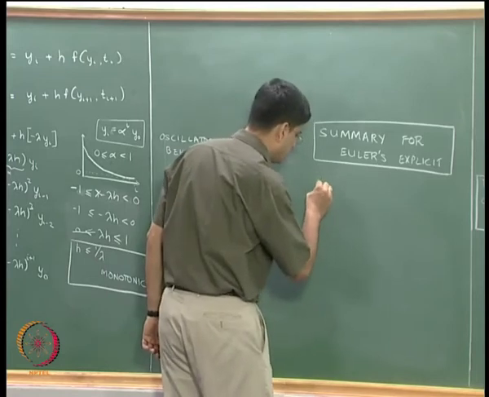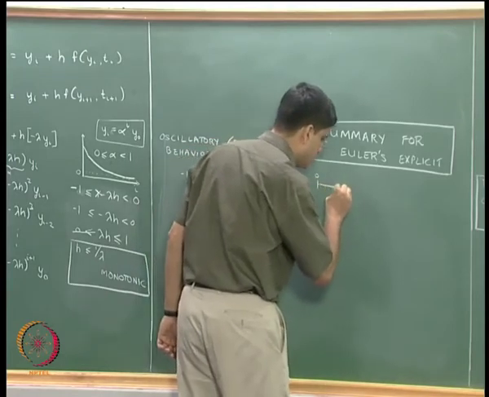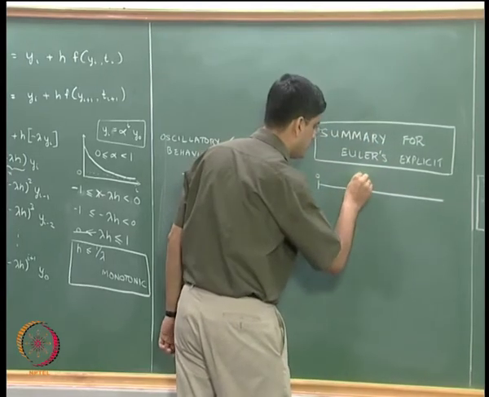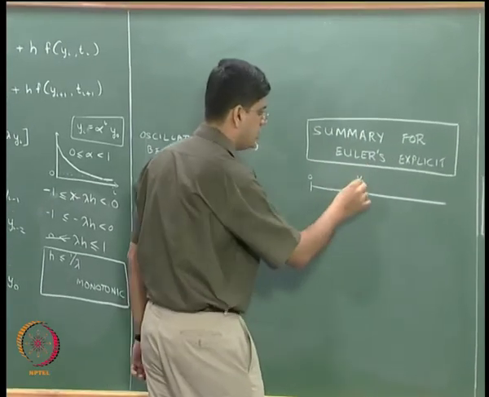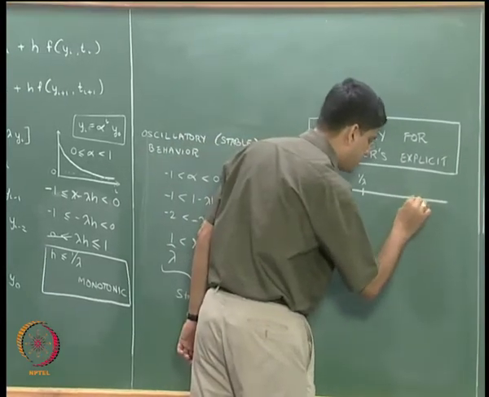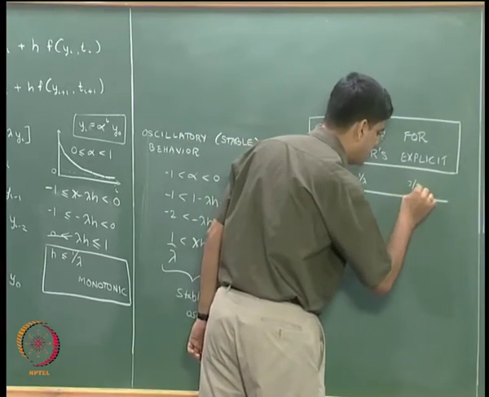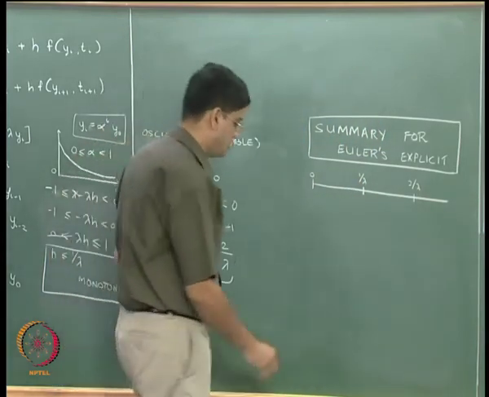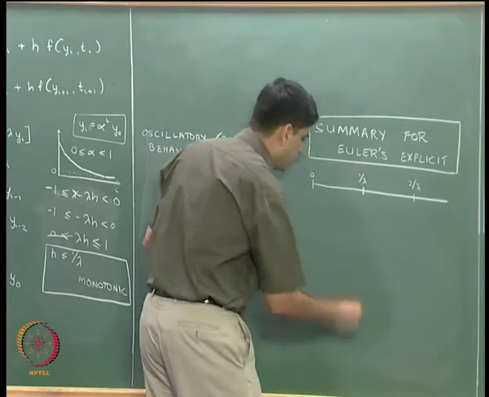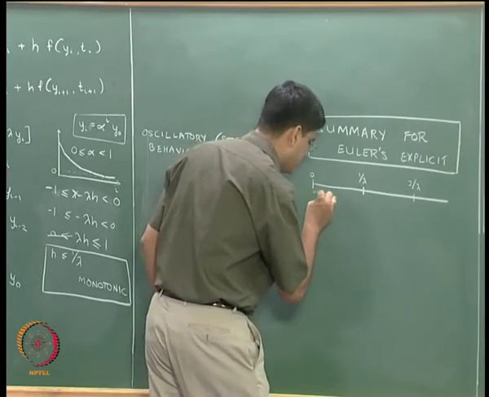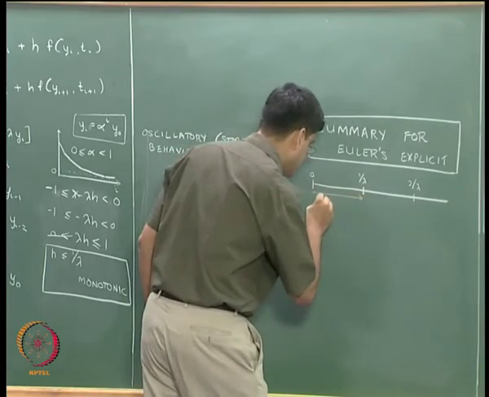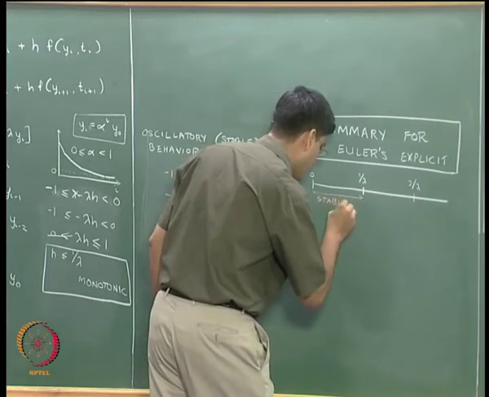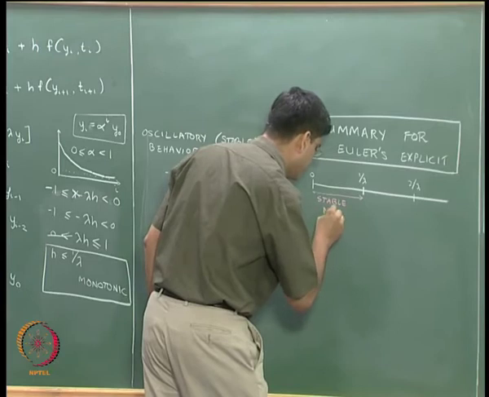So, I will start with 0 over here. I will put a point at location 1 by lambda, put another location 2 by lambda, and then these are the values greater than that. If h lies in the red region, we have stable and monotonic behavior.